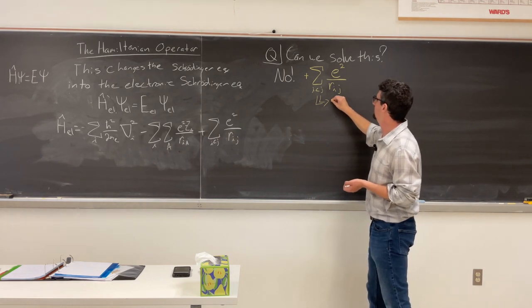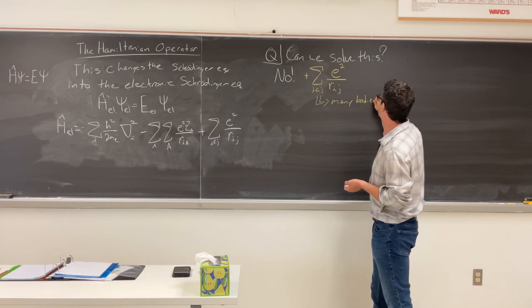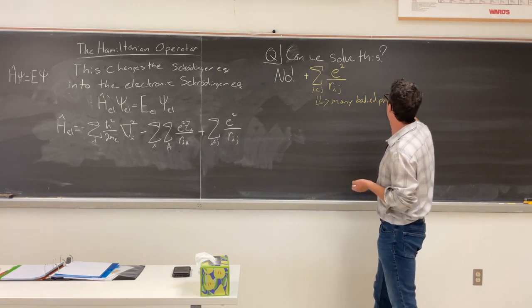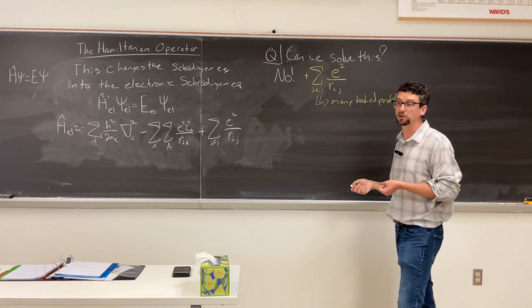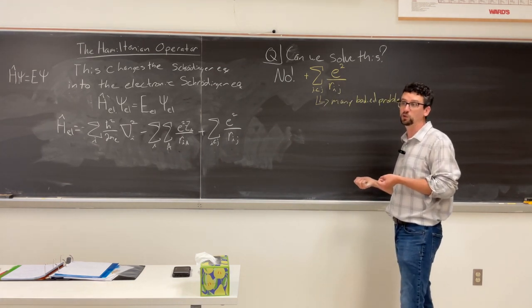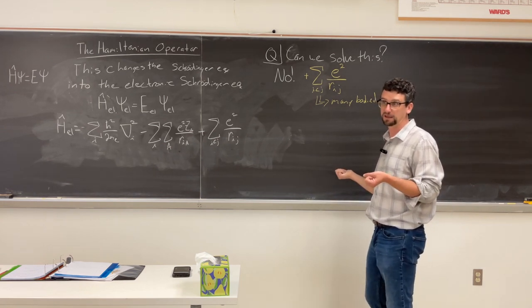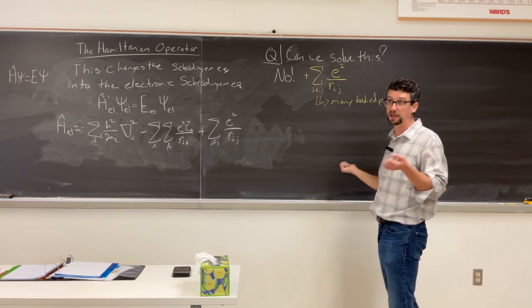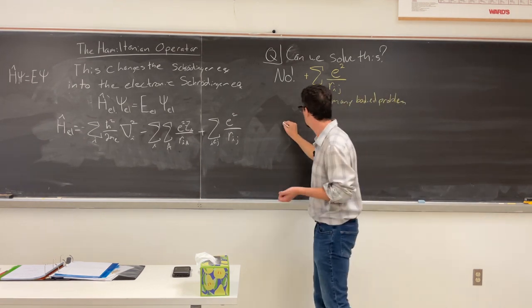This is known as the many-body problem. You can see it even with a 2-electron or 3-electron system, and what you find is you just get terms that you can't solve for because you have too many unknowns and not enough equations.